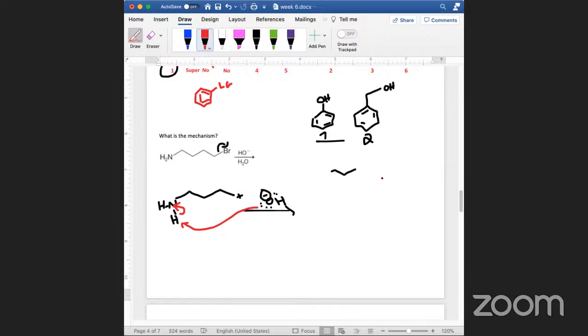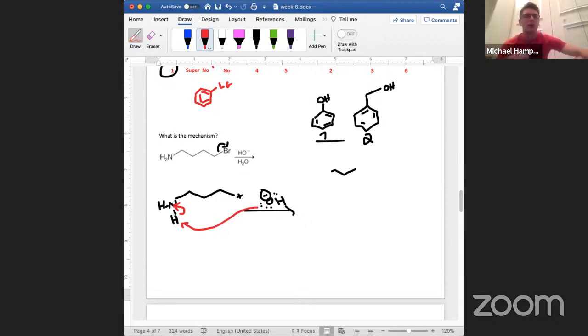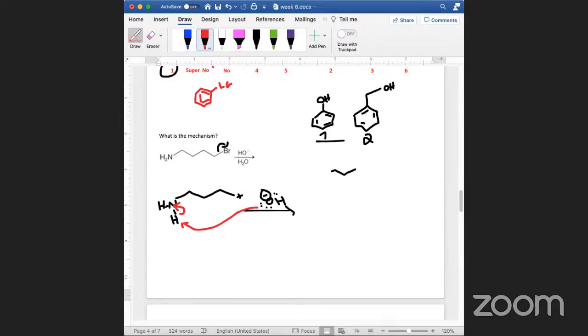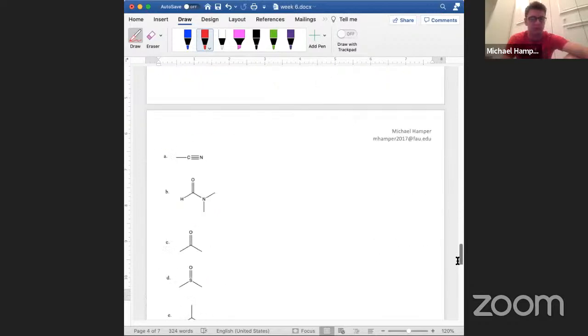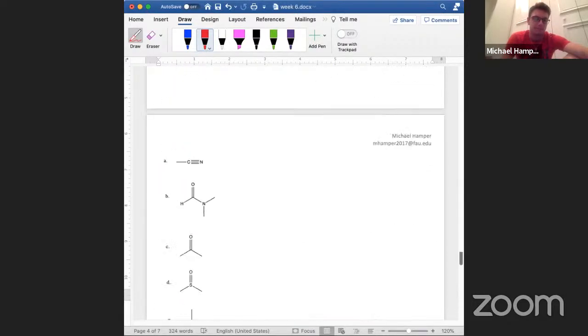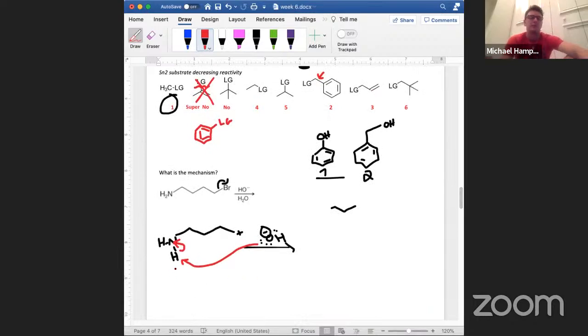So with acid-base chemistry, if you have an OH and you have a negatively charged hydrogen, like that quiz example you saw, if there is a protonated thing that you can deprotonate, it's going to. Because once it does that, it's no longer a strong nucleophile, and it isn't going to replace the leaving group.